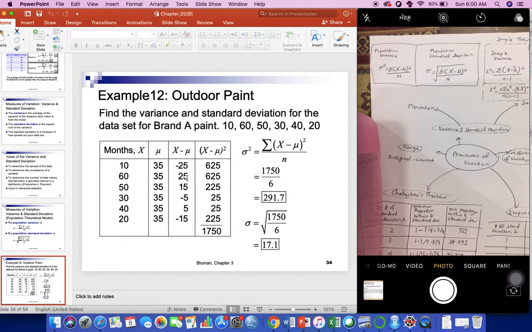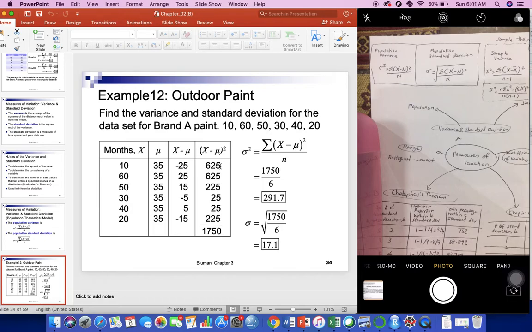This one also, 25 to the power of 2, you will get 625 also. When you get all these squares, you just find the summation: the summation of (X minus mean) to the power of 2.